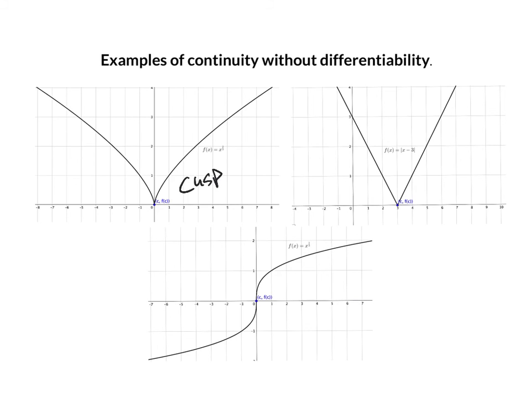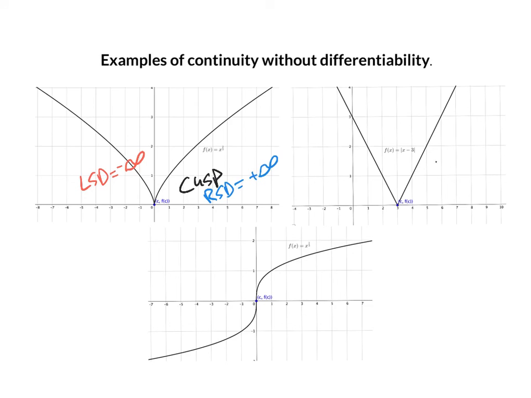In the case of a cusp, our left and right side derivatives do not equal, but the left side derivative is infinite. In this case, it's a negative infinity at 0. And the right side derivative is positive infinity at 0. So these left and right side derivatives do not equal, so this function has no differentiability at x equals 0.